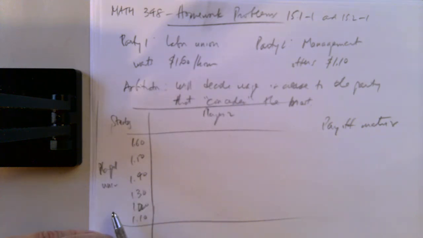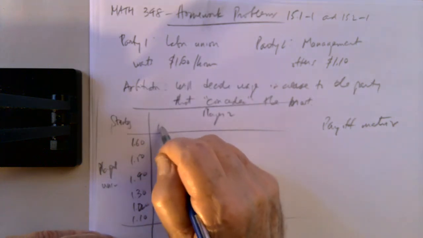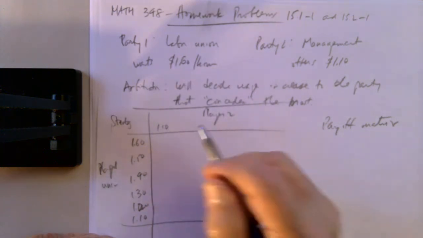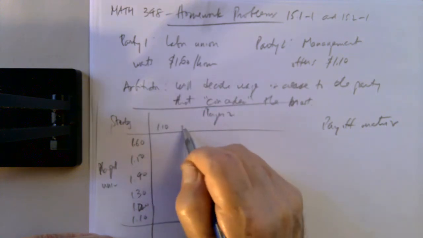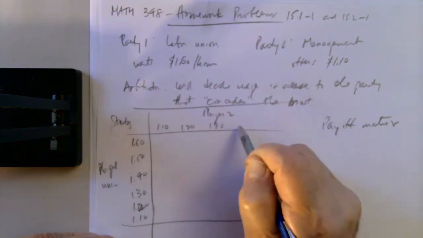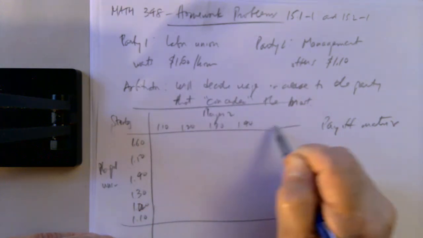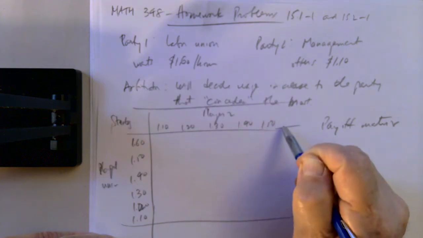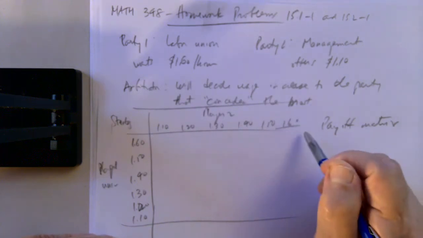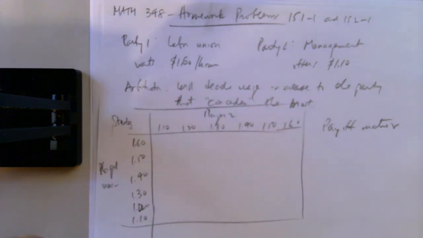On the other hand, management could say, okay, we're offering $1.10 and we're not going to change. Or we'll raise our offer to $1.20, or to $1.30, or to $1.40, or to $1.50, or we'll give the union everything at once, $1.60. Right? So let's say these are the strategies.